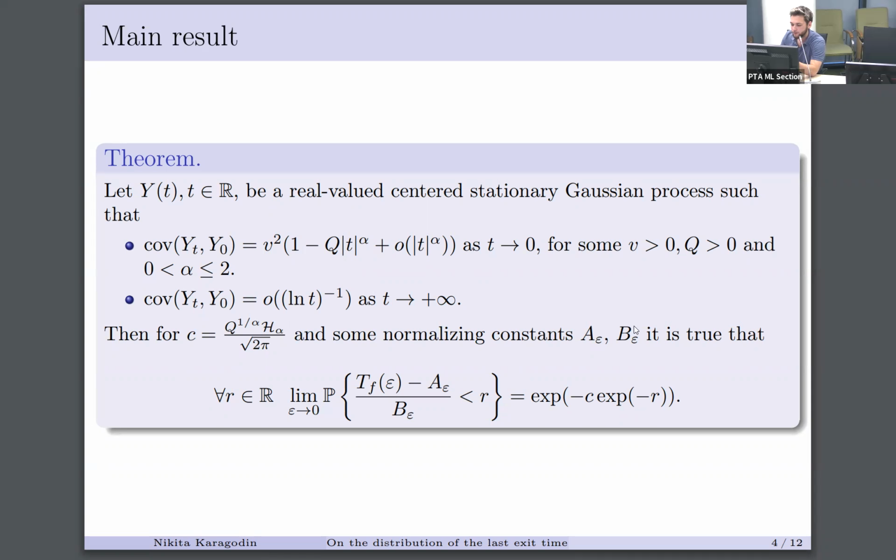And you can write the normalizing constants A epsilon and B epsilon. They are written in the work, just the formula is big enough that I'd like to show it maybe later. After scaling the moment T, so we shift it by A and divide by B, we get the convergence in distribution of this random variable to a double exponential distribution.